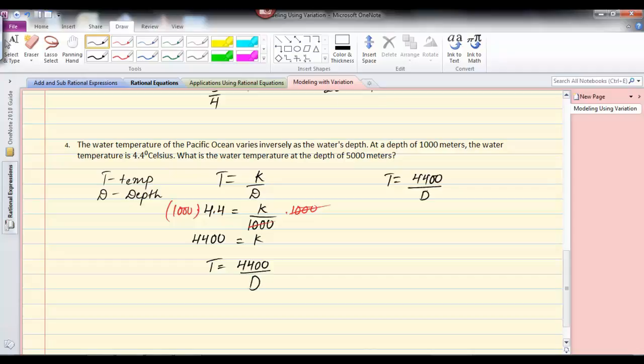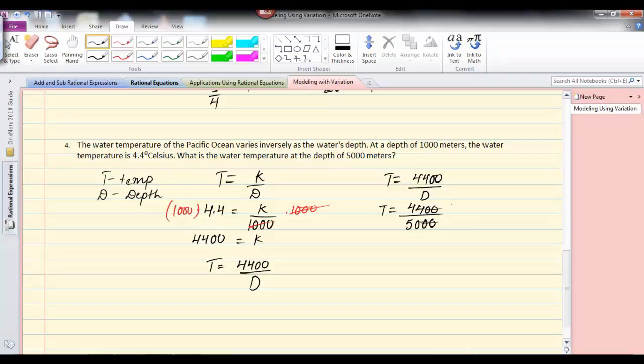The question is, what is the water temperature at the depth of 5,000 meters? So you are to find the temperature when the depth is 5,000 meters. So T is equal to 4,400 divided by 5,000. There we go.